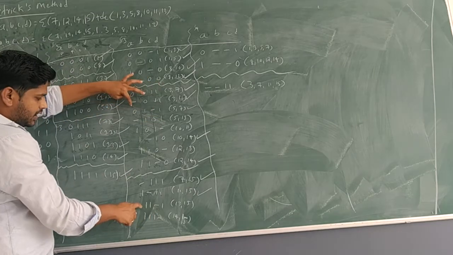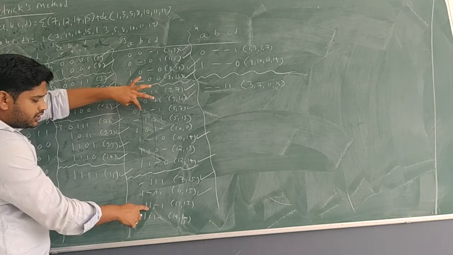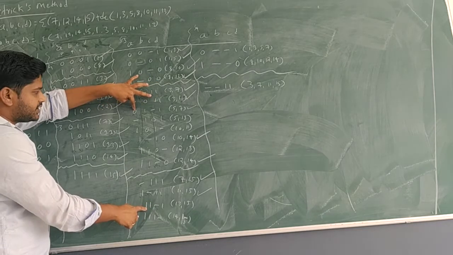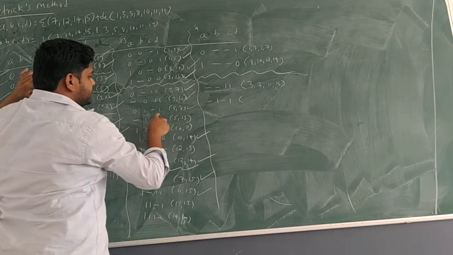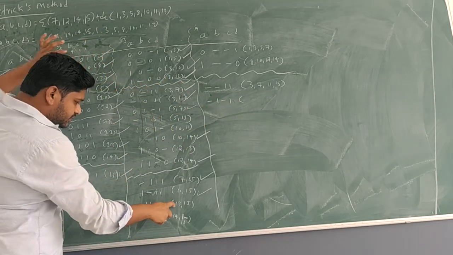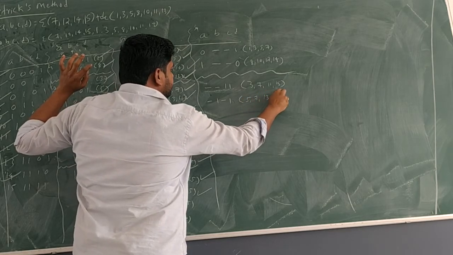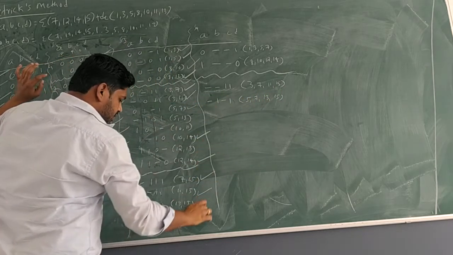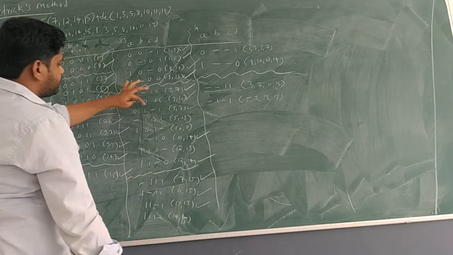Third term here, I1 1 I1 1. This I1 C position I1 is old, A position I1 is newly generated. What is that? 5 7 13 15. 5 7 pass mark, 13 15 pass mark. Okay. So 5 7 is done.